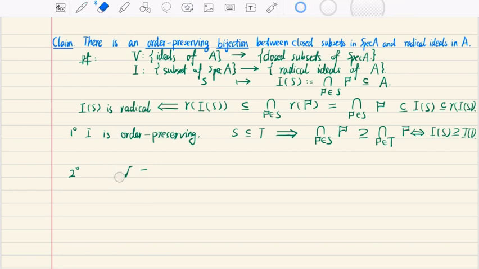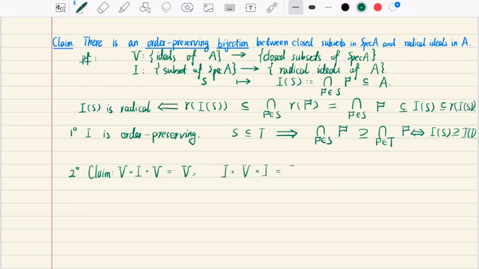The claim is VIV equals V, and IVI equals I. This is just a standard argument. You can see it almost everywhere.